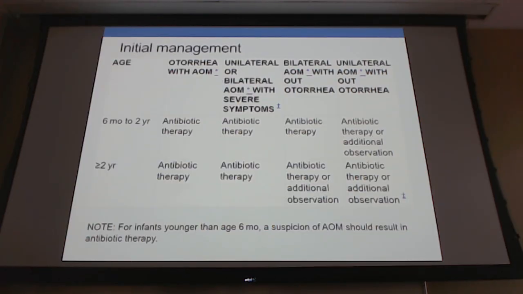Do you want to watch and wait for a couple of days? Do you want to start treatment now? And then for both sides, if it's one ear, no severe symptoms, then you can have that conversation either way. So either watch and wait or go ahead and treat. How many parents do you think choose watch and wait? Not a whole lot. All zero. Not zero, there's a few, but not many.